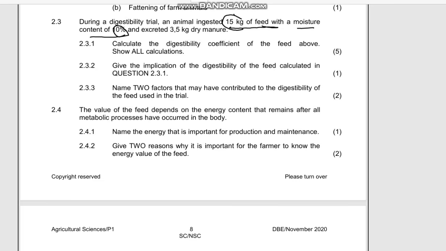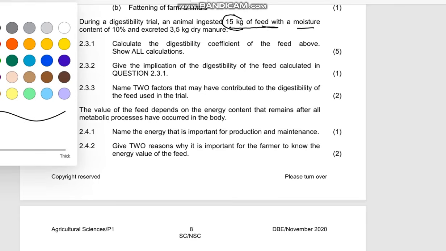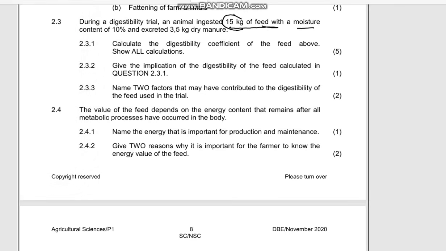So not the whole mass of this feed. It means that some part of it contains water, and in percentage, that is 10% of water. So it contains 10% moisture, and then it later excreted 3.5 kg of dry manure.